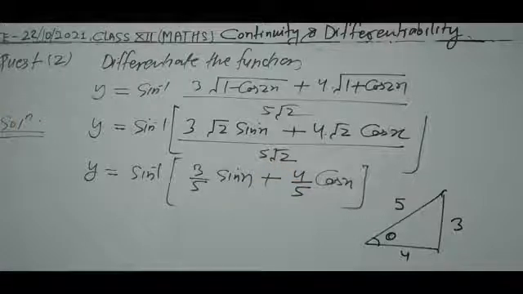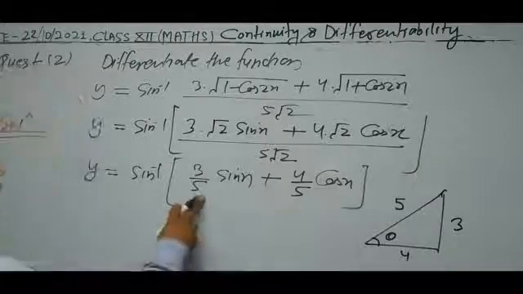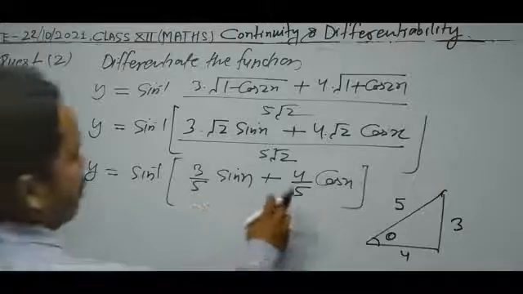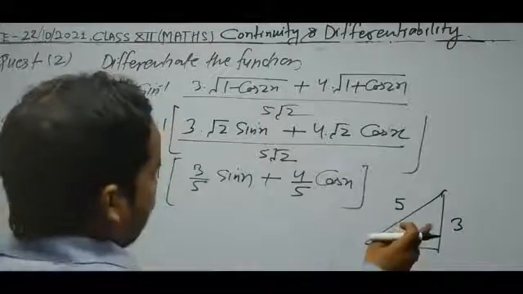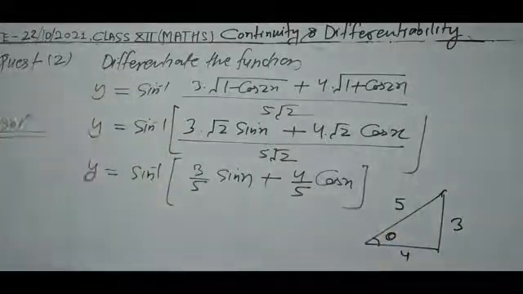What we can take? Sin theta we can take 4 by 5. Now see, 3 by 5 is the ratio of sin and 4 by 5 is the ratio of cos.